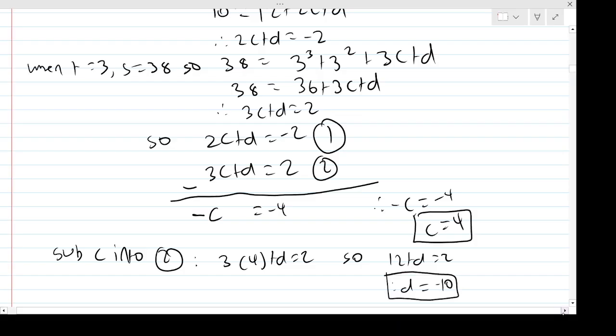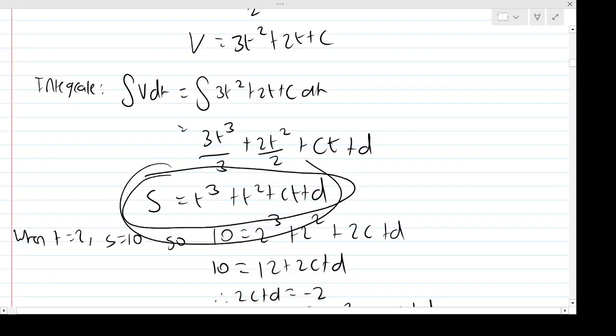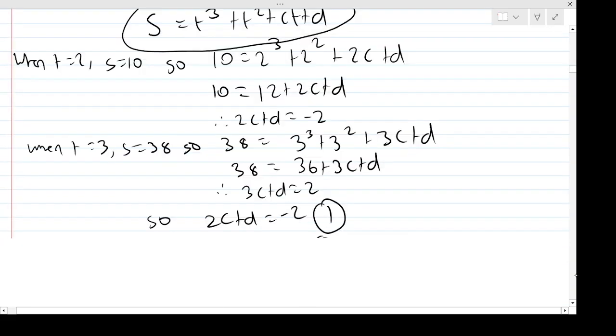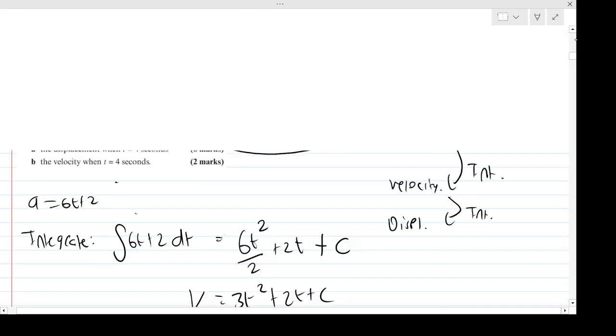So now if we substitute that into my displacement formula, s is t cubed add t squared, add ct, so it's going to be 4t, add d, which is minus 10. And so there we are. We've got our complete equation for the displacement.